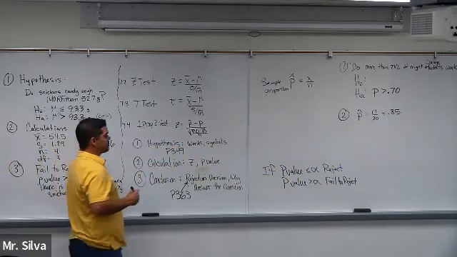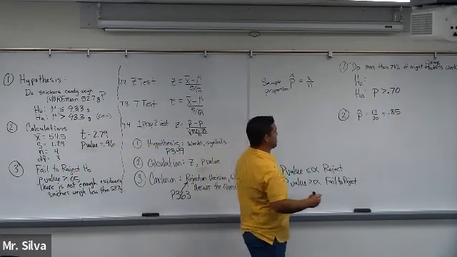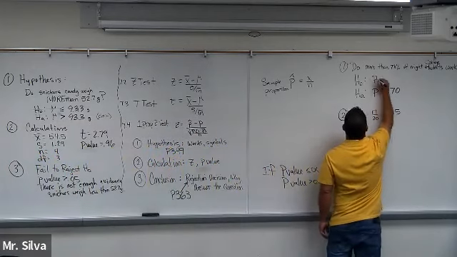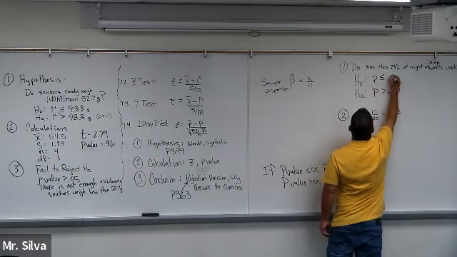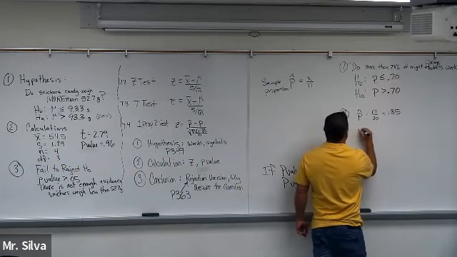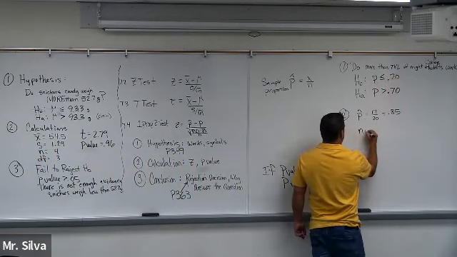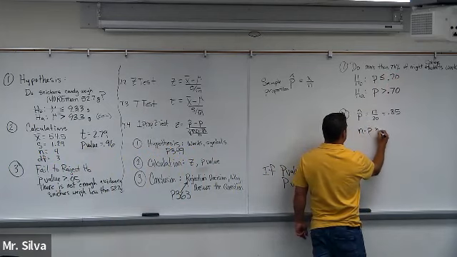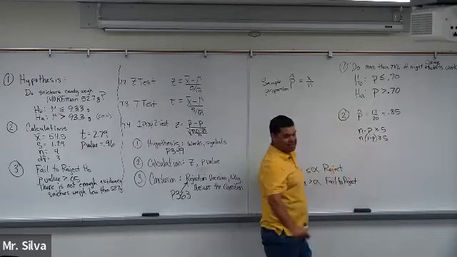One of the things we also need to do in step 2 is we need to check the condition. Oh, I forgot to finish off my HO. So I'm going to calculate my N times P to be greater than or equal to 5, N times 1 minus P has to be greater than or equal to 5. Okay, so there's a difference here.